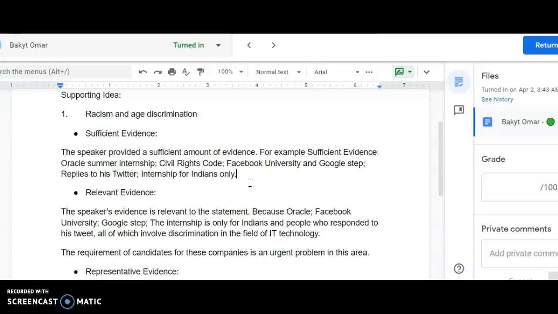In other words, they're discriminatory against majorities. This is the guy's claim, right? So you can say that the speaker should have or could have included this and that. That's part of your sufficiency segment of the evaluation paragraph. Okay.